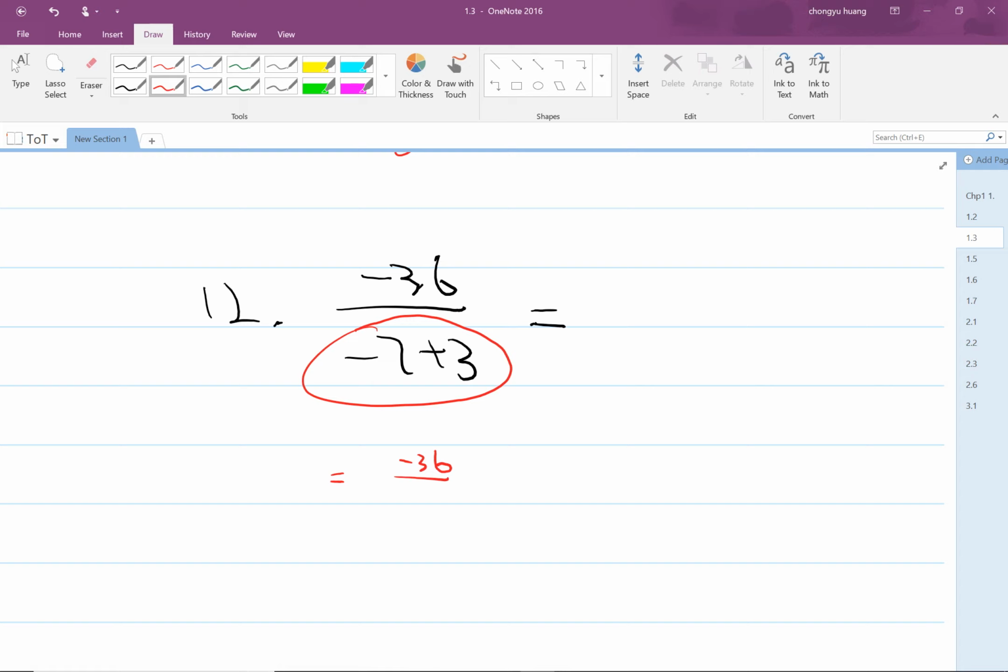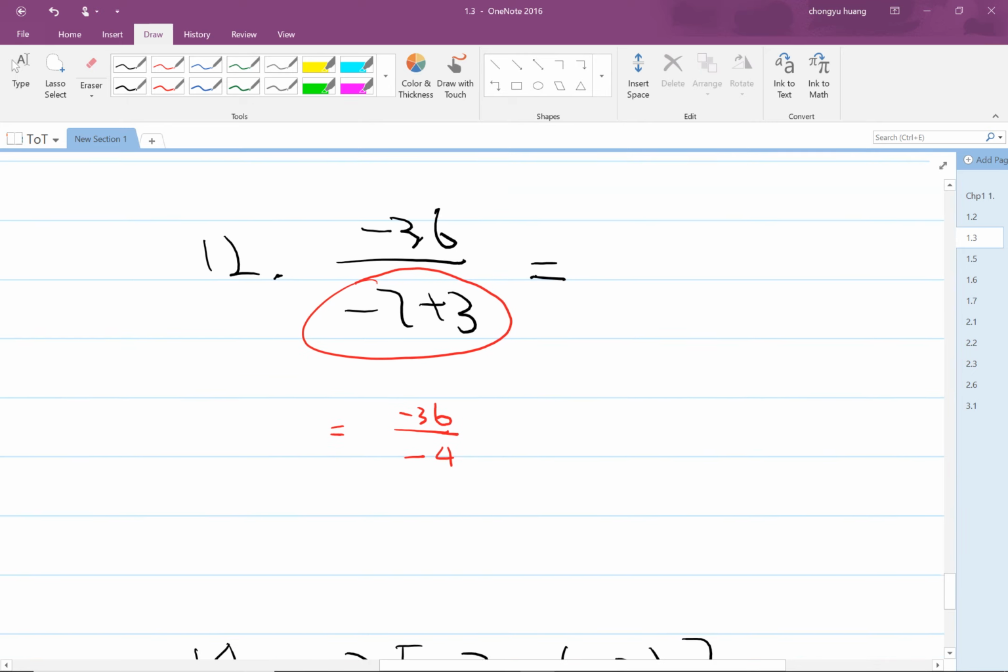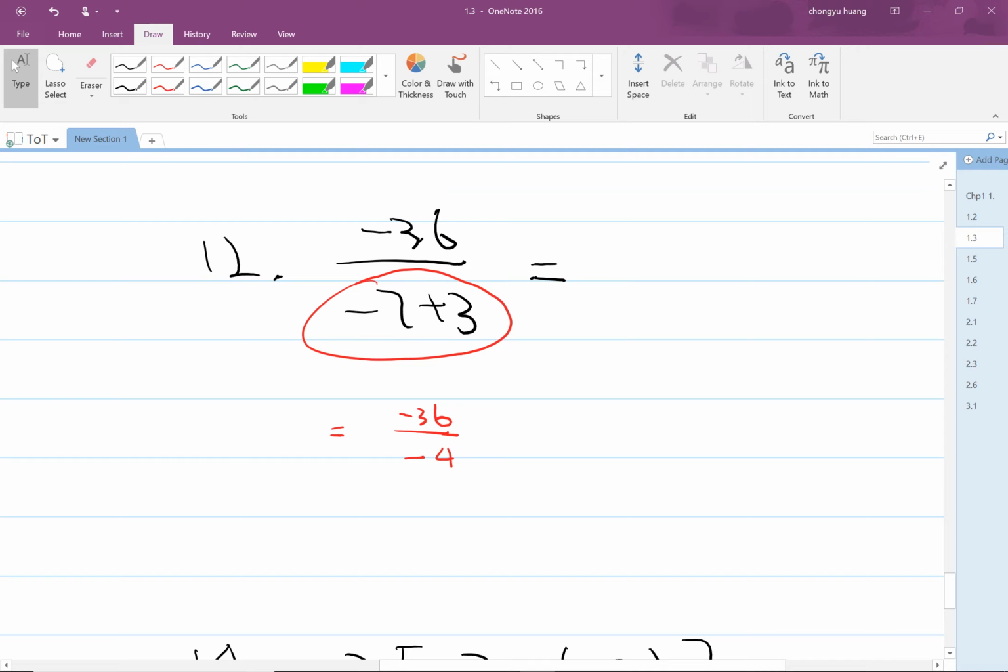You can see -7 is actually bigger in size than 3, so obviously the result is going to be negative. 7 minus 3 is going to be 4, so -7 plus 3 is going to be -4, right?